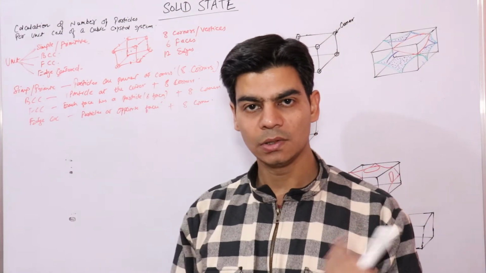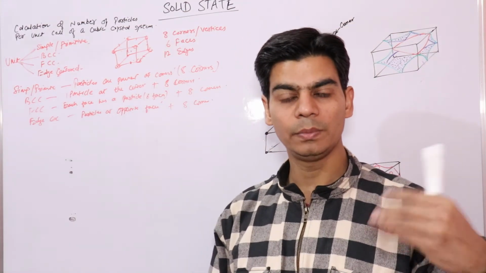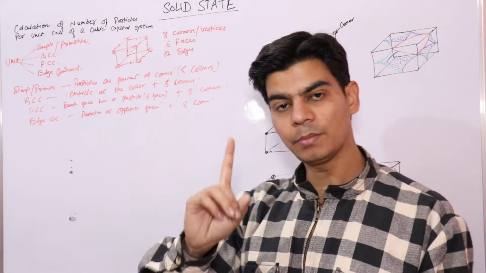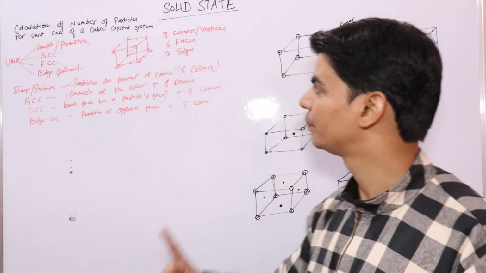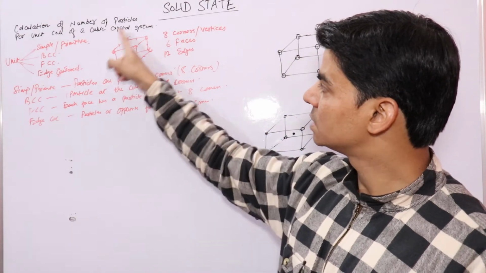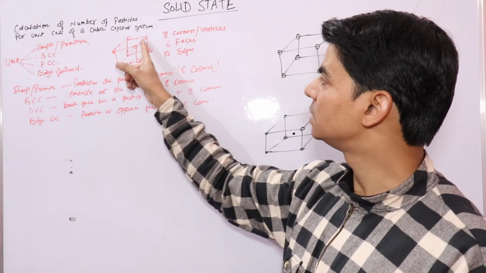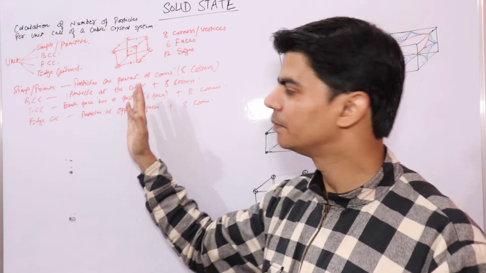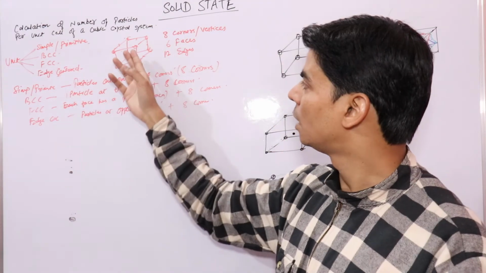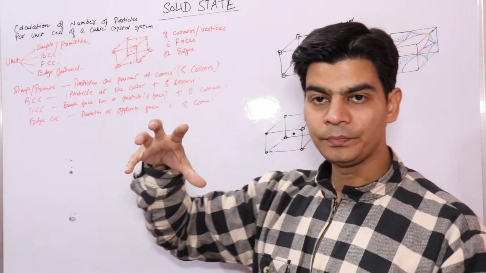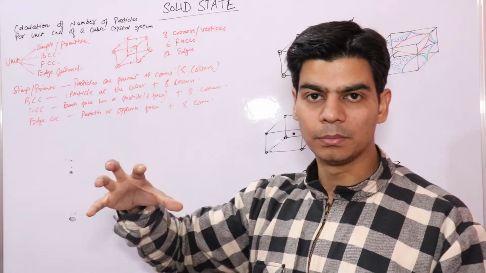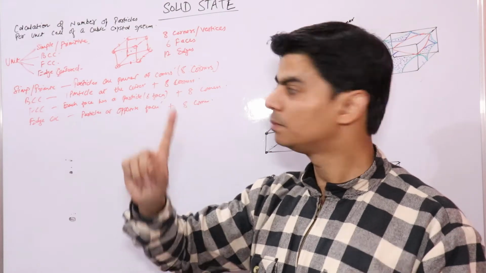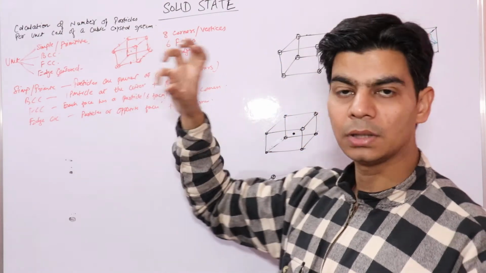Once you understand this, the concept of how to find the number of particles in one particular unit cell would be clear to you. I'll repeat. Since a unit cell would be touching a number of other unit cells in all 3 dimensions, we need to find out how many unit cells are touching one particular atom or corner, because at each corner we have an atom.